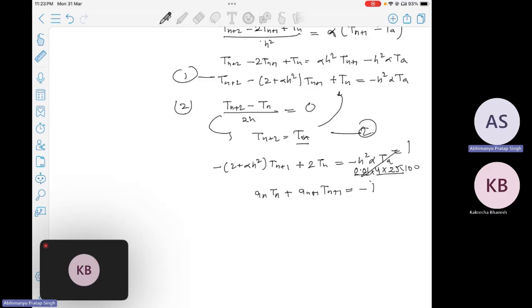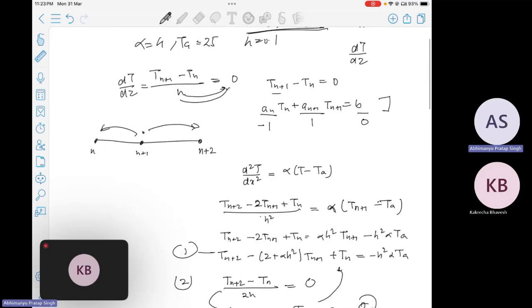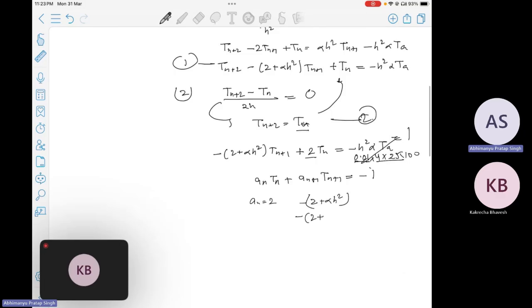Now the coefficient of Tn is 2, so An becomes 2. And for Tn plus 1, the coefficient is minus (2 plus alpha h square). So this becomes 2 plus 4 into 0.01, which is 0.04. This becomes minus 2.04.